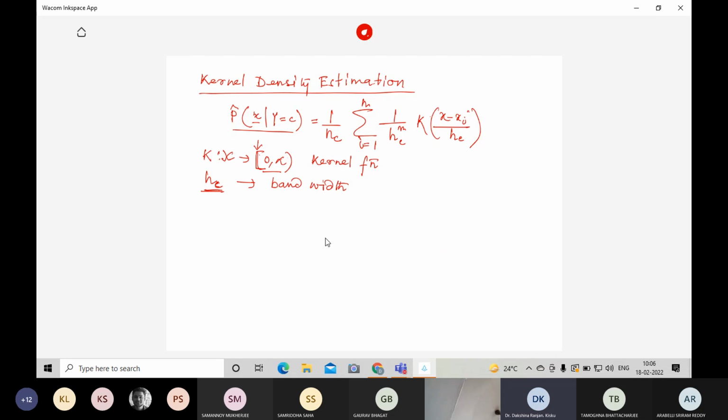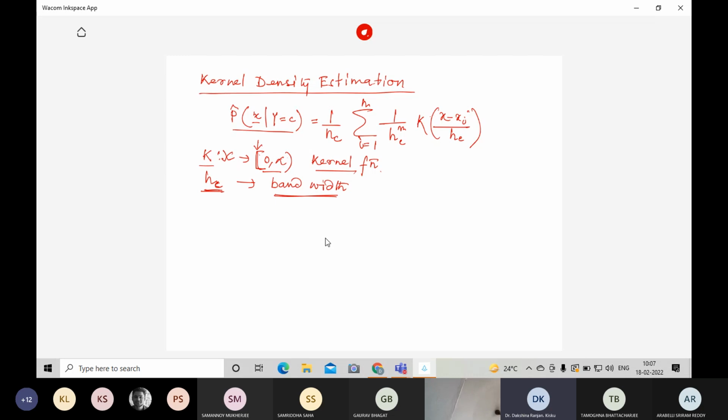That is why this bandwidth parameter is known as the controlling shape parameter of the class density estimated by kernel density estimation. Here capital K is the kernel function. You will see kernel functions again when we talk about neural networks and support vector machines.